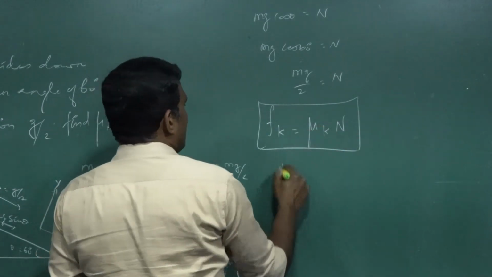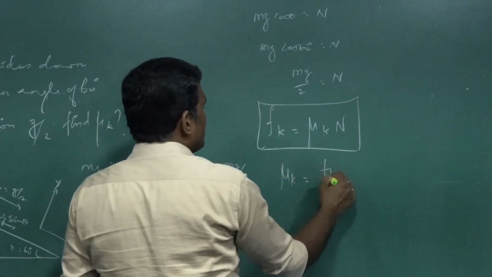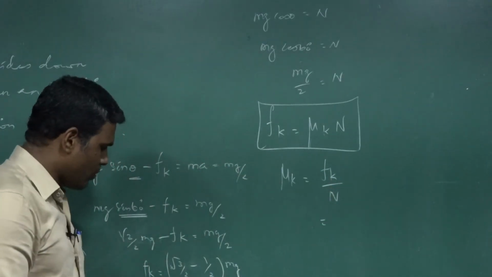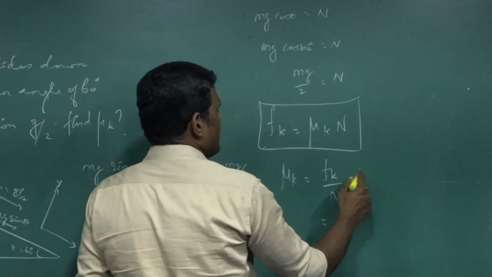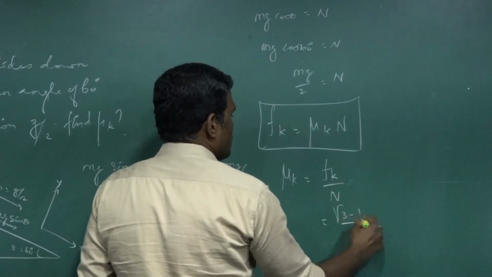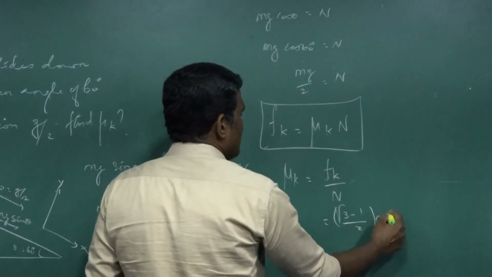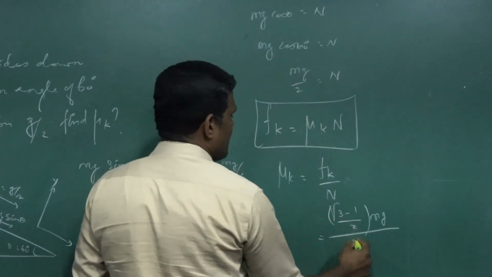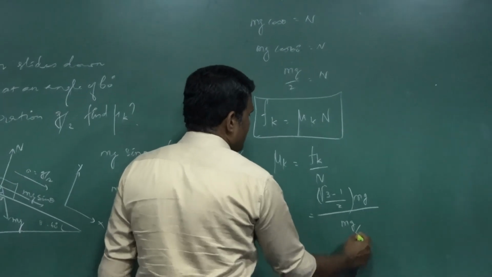We need to calculate mu k. Mu k is equal to Fk divided by N. What is Fk here? Root 3 minus 1 by 2 into mg. What is N? Normal reactive force. We have calculated it as mg divided by 2.